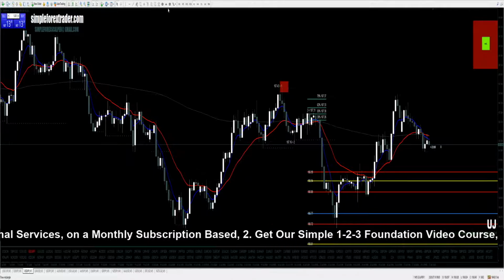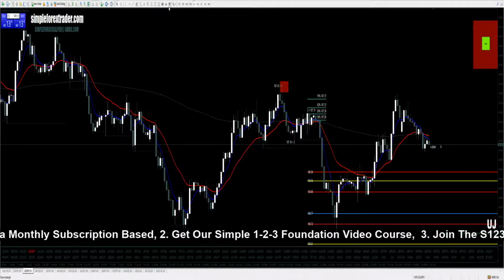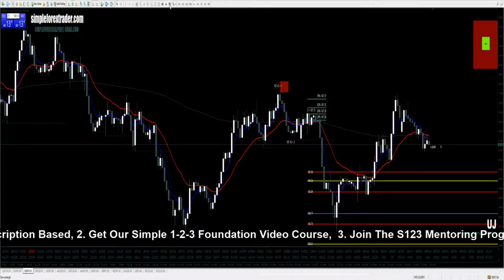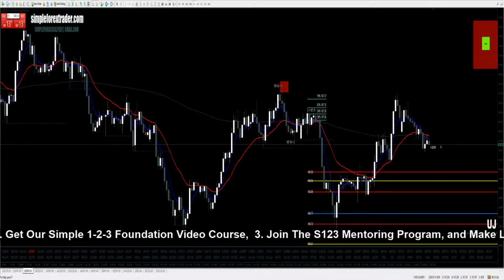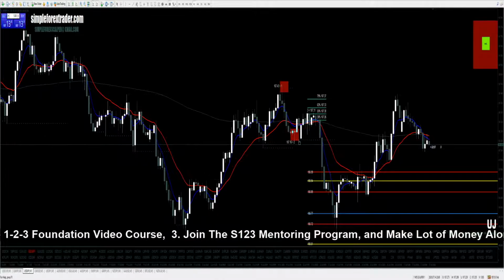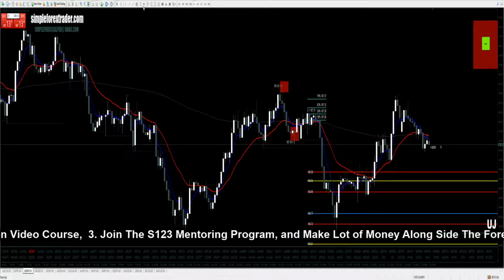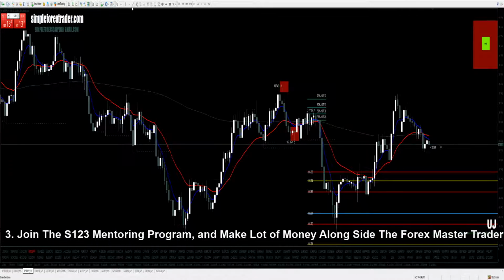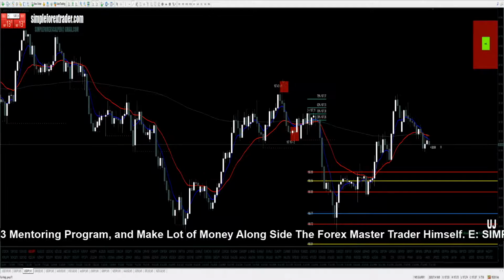So you don't have to use the generic one that's on the MT4. All you need to do is plot the new high of the day, or of that time.